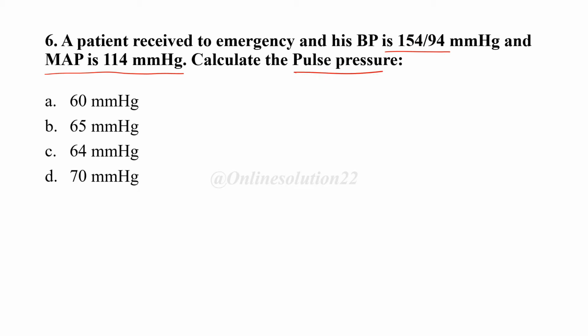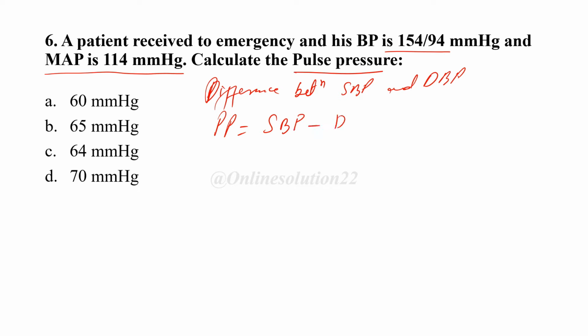This pulse pressure is the difference between systolic BP and diastolic BP. So pulse pressure equal to systolic BP minus diastolic BP. So the systolic is 154 minus 94. We will get 64 mm of mercury. So the correct option here is option A, that is 60 millimeter of mercury.